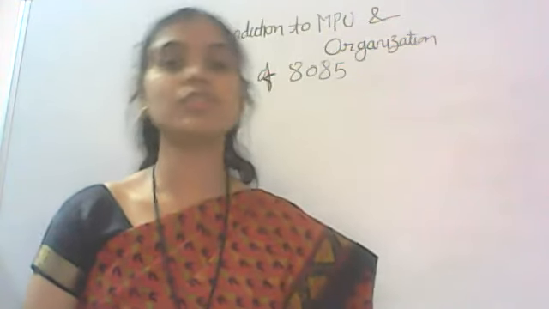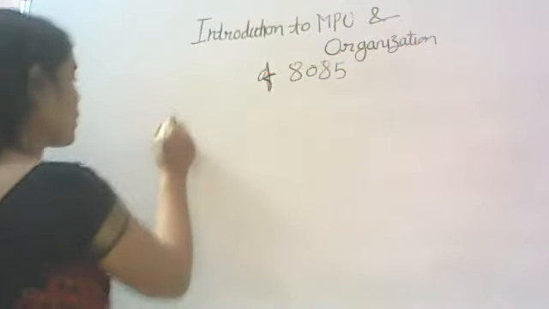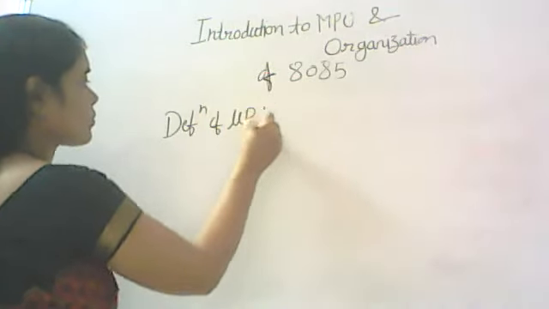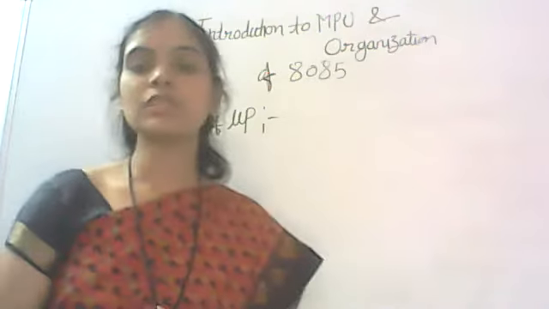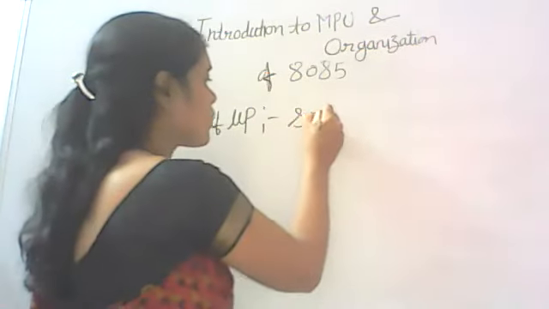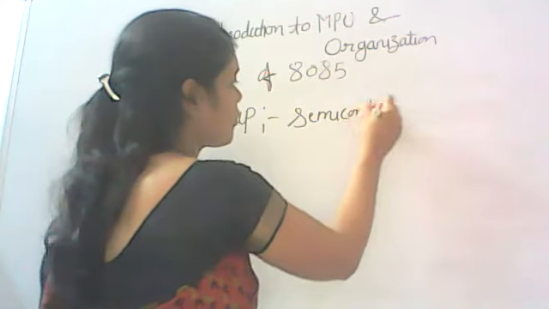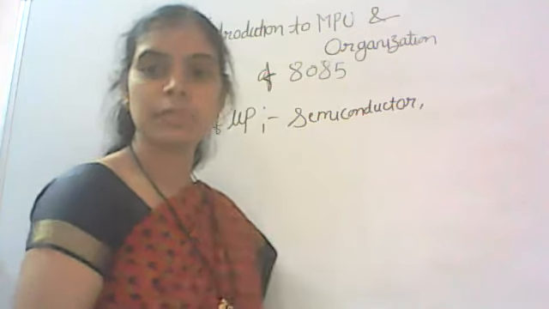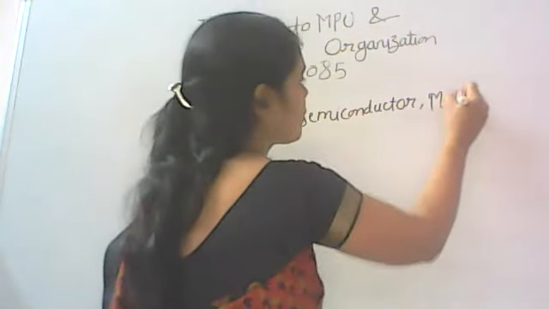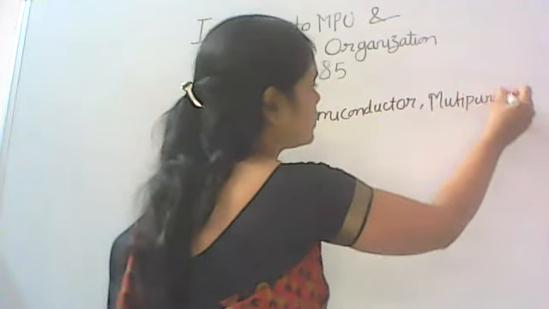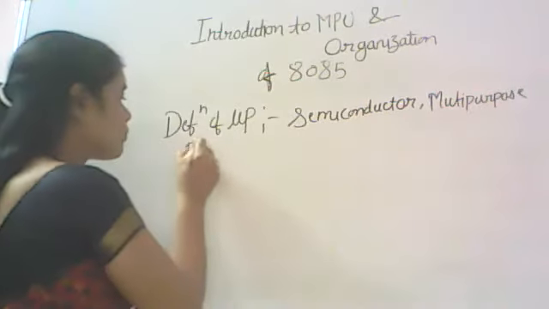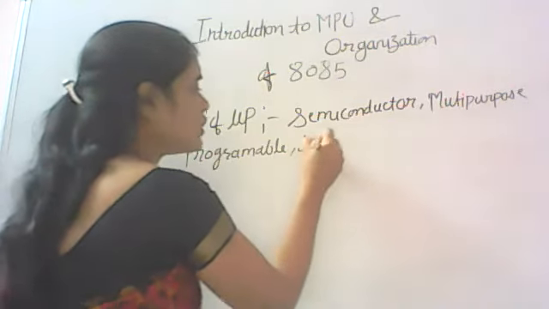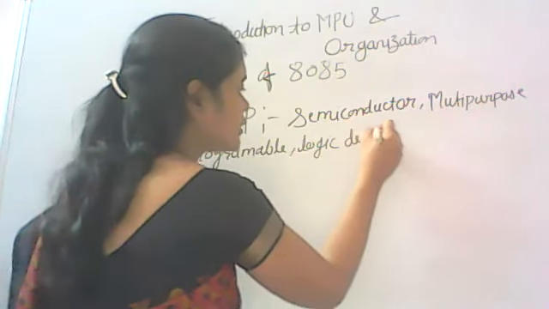Now we see the definition of microprocessor. Microprocessor is a semiconductor multi-purpose programmable logic device.